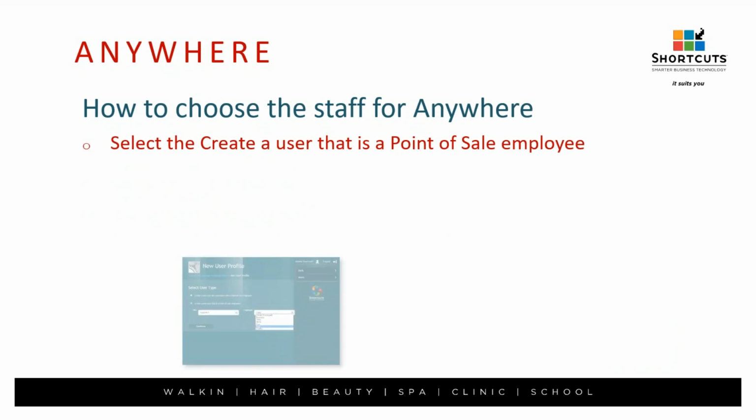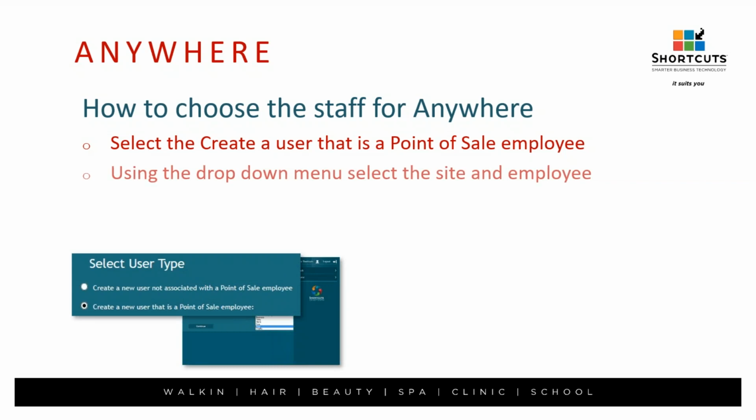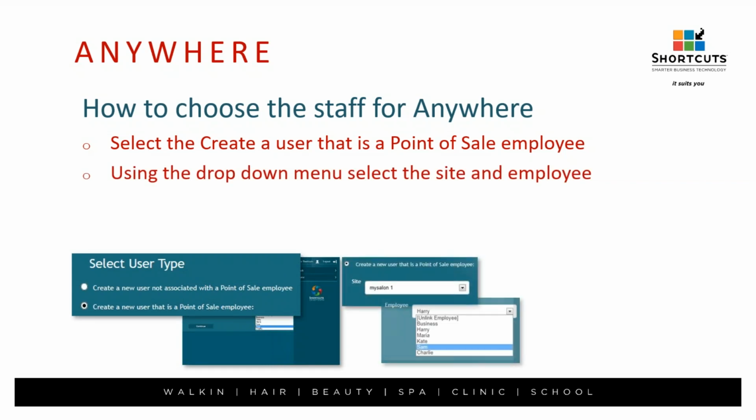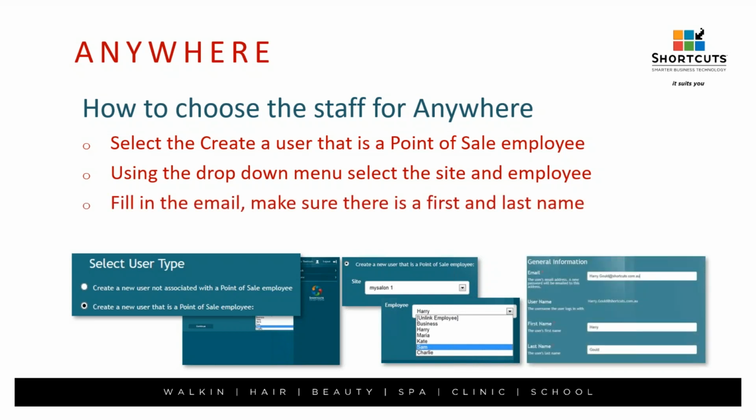So when you're creating access for Anywhere, when you're going to add a new user, you actually have two different options. The first, create a user that is not associated with a point of sale employee. And the second option, create a user that is a point of sale employee. So why do we have two different types?